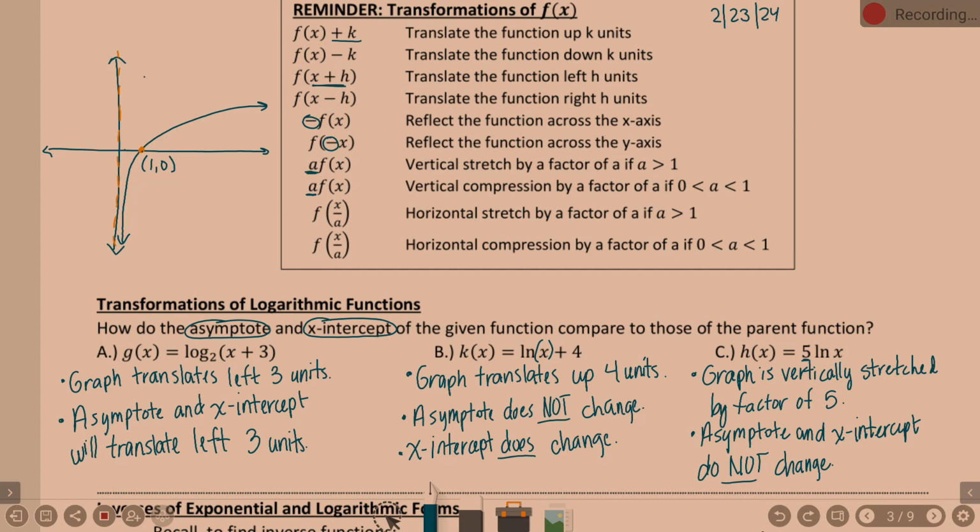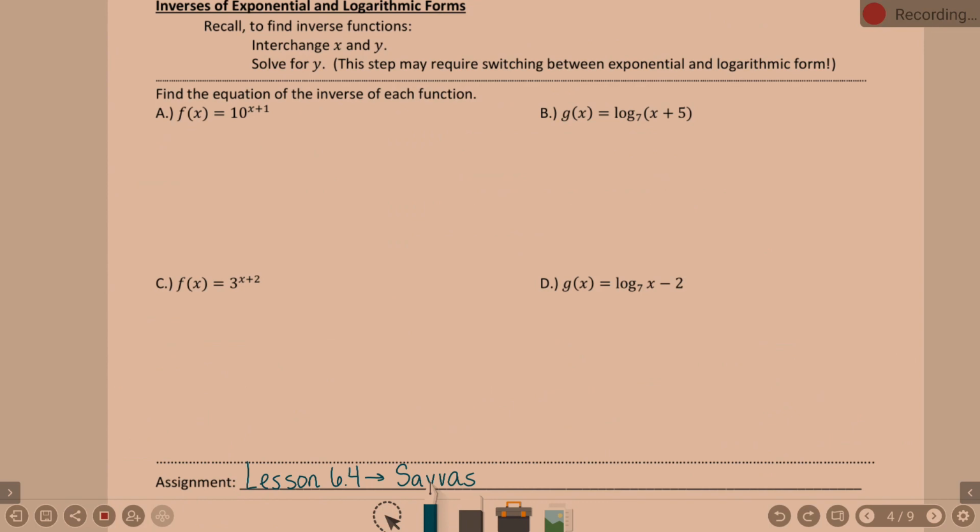Bottom set. We are going to talk about inverses. We talked about inverses a little bit yesterday, and previously this year. Recall, in order to find inverse functions, interchange x and y. Basically, you just switch x and y.